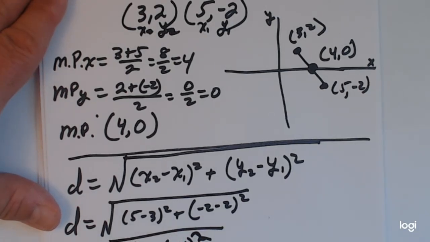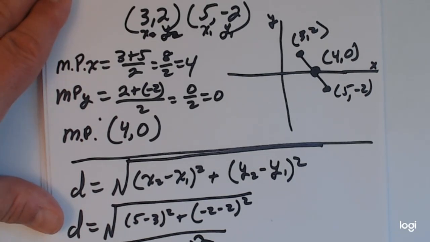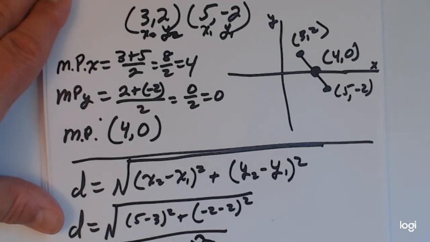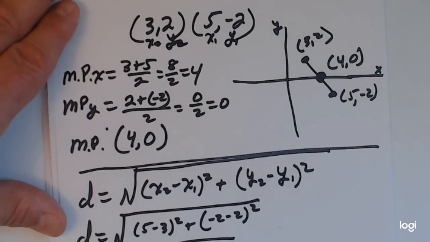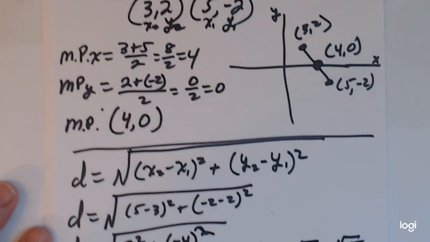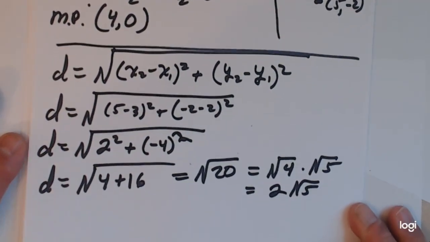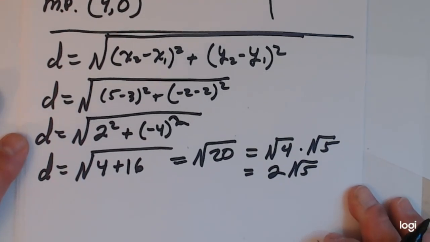So d is equal to the square root of 4 plus 16, which is the square root of 20, which is the square root of 4 times the square root of 5, which is 2 root 5. Sorry about that. 2 root 5.